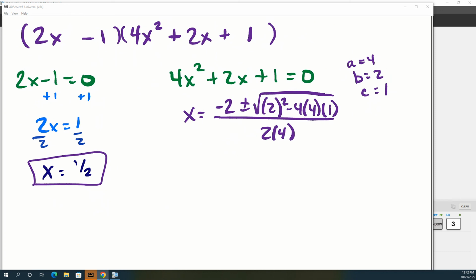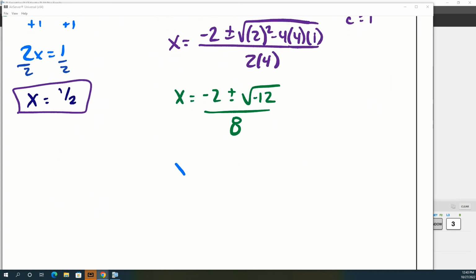Okay, so we need to figure out what 2 squared minus 4 times 4 times 1 is. That's going to be negative 12. Hopefully that doesn't surprise you, because every time you're doing this with the sum or difference of cubes, that's going to be negative.